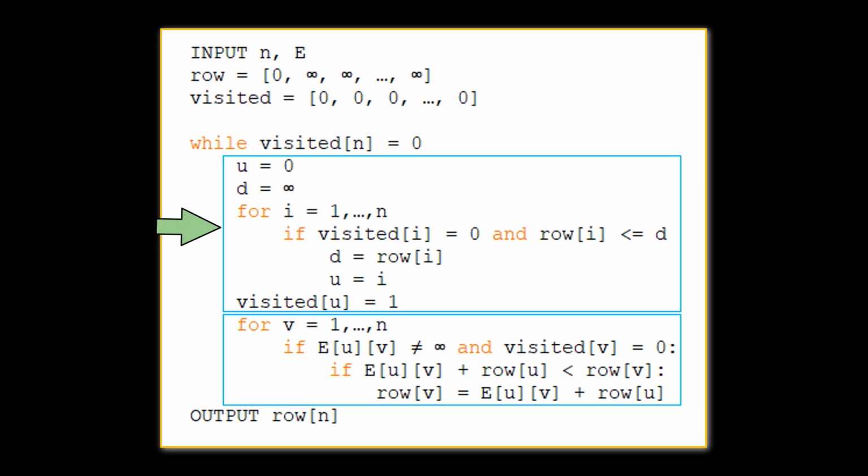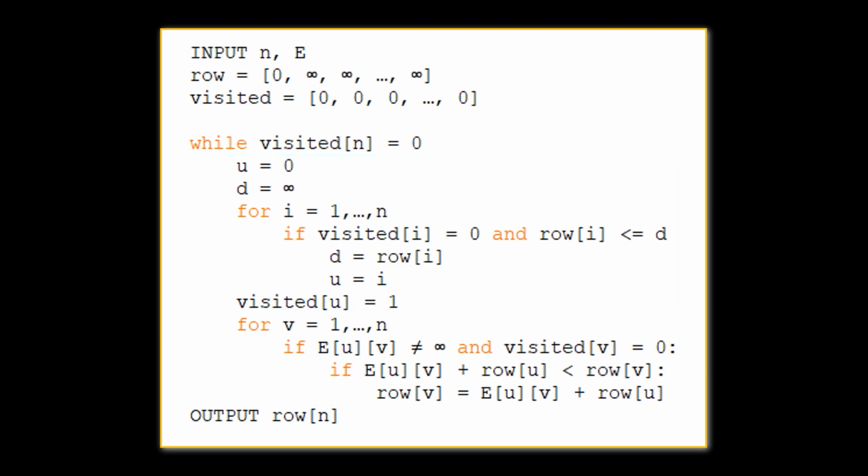That vertex with index U is marked as visited. The horizontal move consists of updating the distances of the vertices adjacent to U that are still unvisited, replacing each value with the sum of the reference value and the weight of the edge UV, but only if this new value is not greater than the previous one.